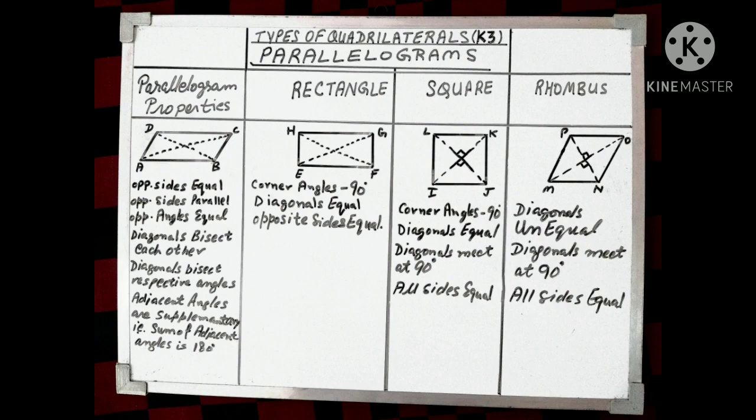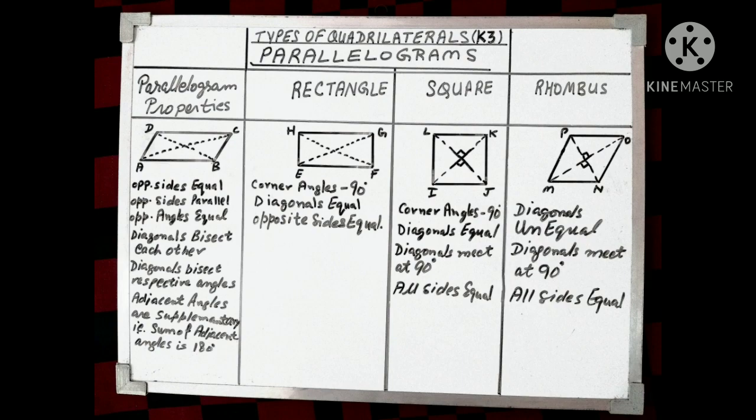For a square all the sides are equal. For a rhombus also all the sides are equal, right? But for a square the diagonals are equal, but for a rhombus the diagonals are not equal, right?